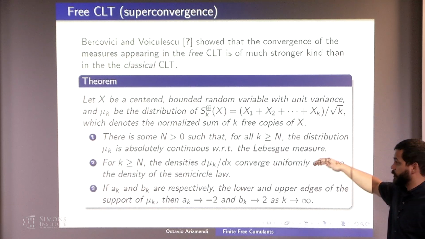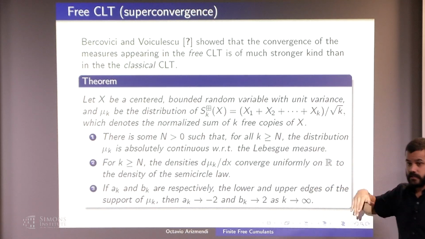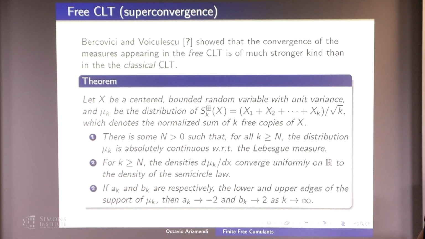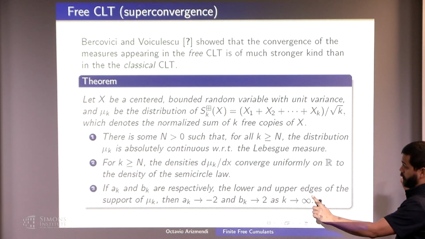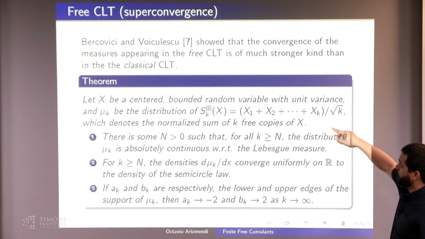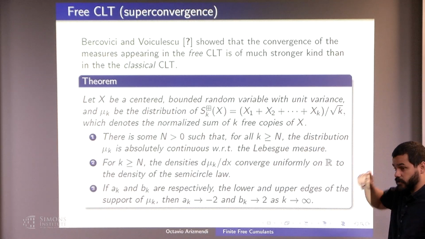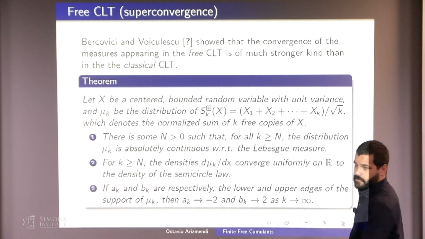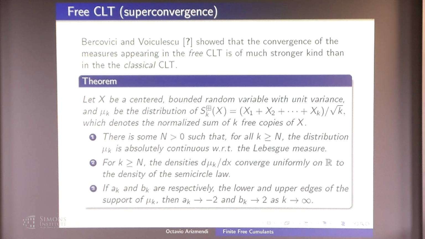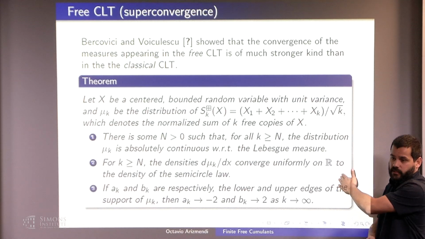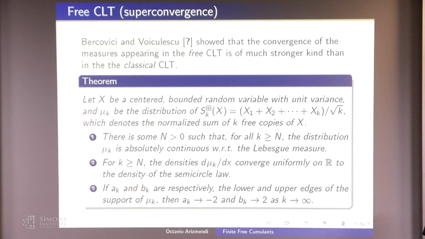The densities converge uniformly to the density of the semicircle, and also the support, provided that the original measure was bounded, goes to the support of the semicircle distribution. Which is, of course, not the case in the classical central limit theory. But this is a very strong mode of convergence, which is called superconvergence.